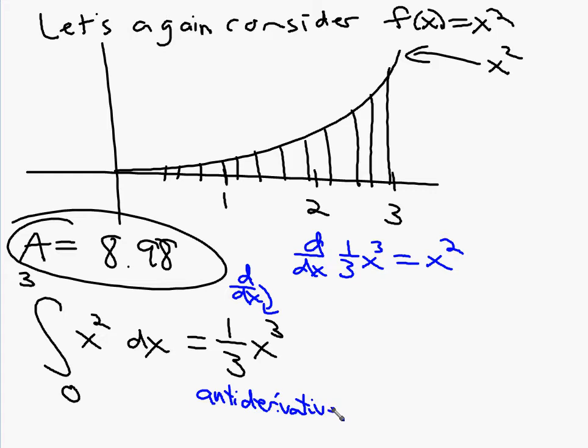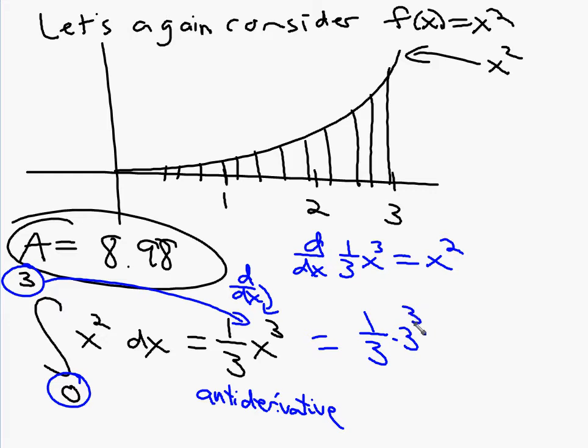What I'm doing here is I'm showing you the point of finding the antiderivative real quick. So watch. What were my limits of integration, everybody? 0 and 3. I want to show you how this antiderivative is really cool. If I put this 3 in for x, I have 1/3 times 3 cubed.